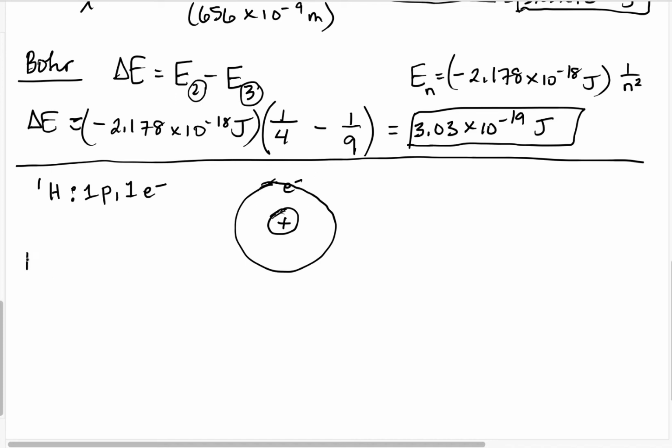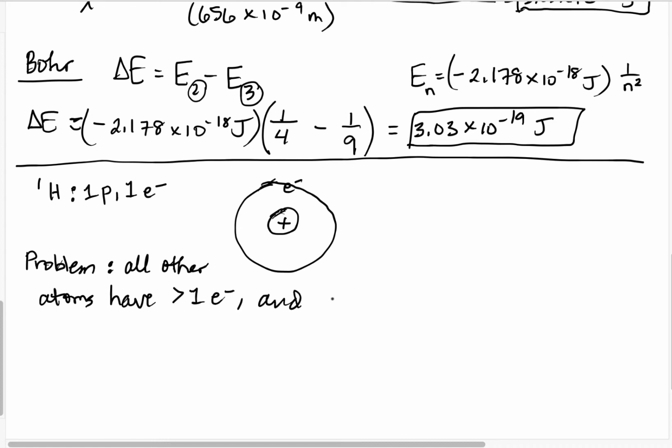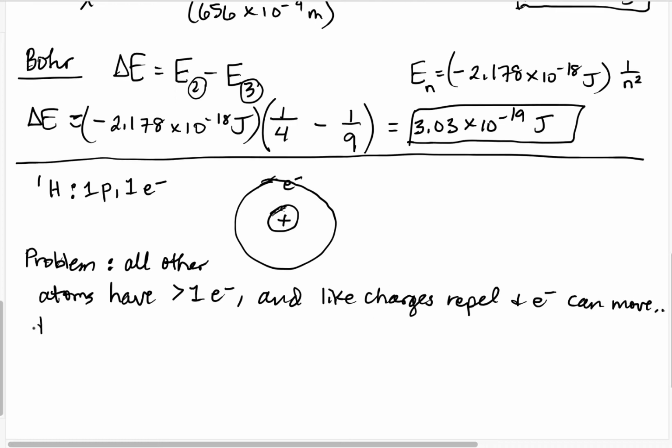So the problem is all other atoms have more than 1 electron. And we know that charges repel each other, right? Like charges repel. And electrons can move. And this gets complicated.